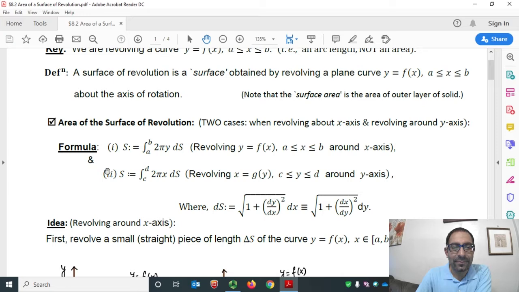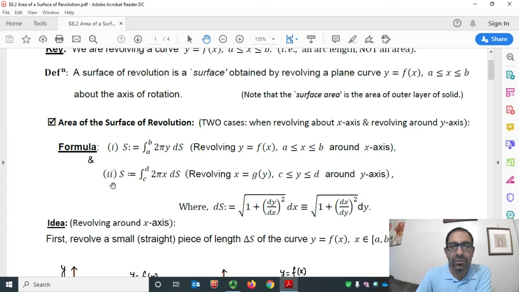Formula: when you revolve the curve about the x-axis, then our formula is denoted by S and is defined by S equals the definite integral from a to b of 2 pi y ds. So our integration is with respect to arc length.